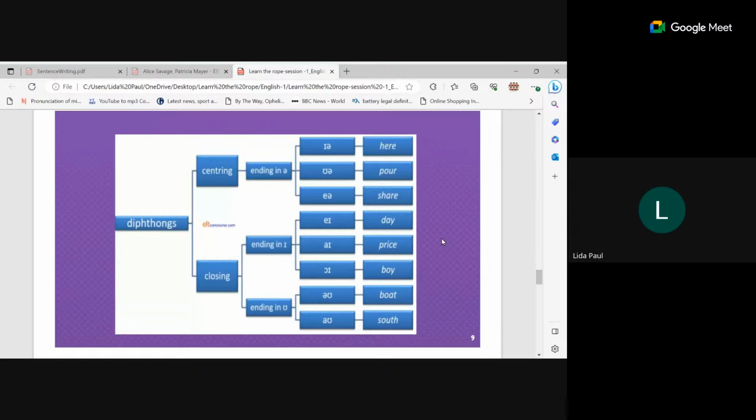Okay, so what are the first few sounds? The ones that end in a schwa: ear, ooer, and air. So the first one is ear, as in the word hear. The diphthong e and a is the one that you have in the word hear, H-E-R-E. Okay, so ear is the first sound. Then comes ooer, as in the word poor. Or even the word which is the most common one asked in the exams, I think, tour, T-O-U-R.